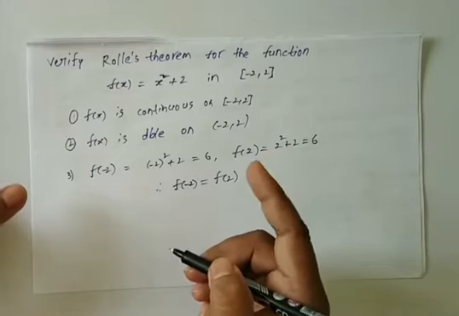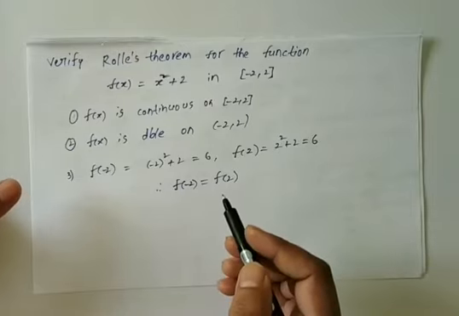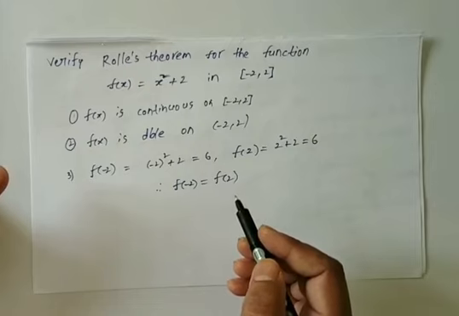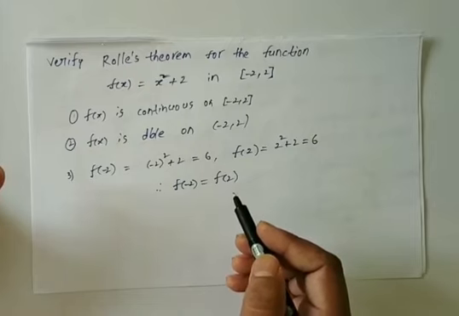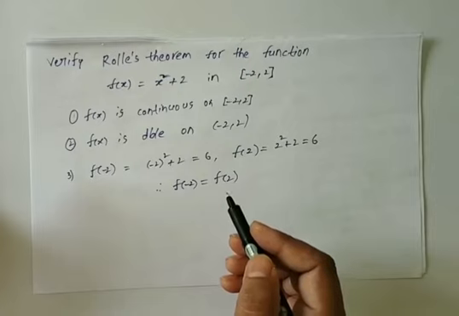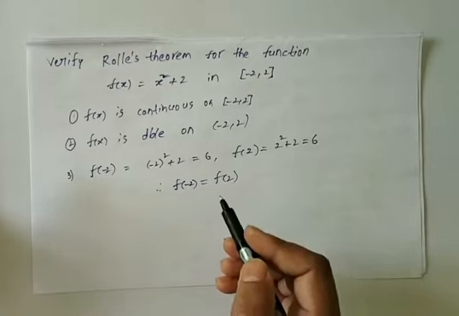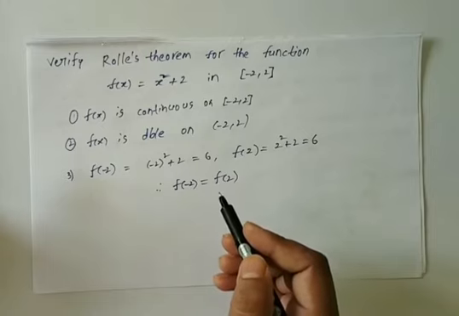If you are able to find at least one c which belongs to the open interval minus 2 comma 2 where f dash c is equal to 0, then only Rolle's theorem is verified, otherwise not verified. Now let us see.